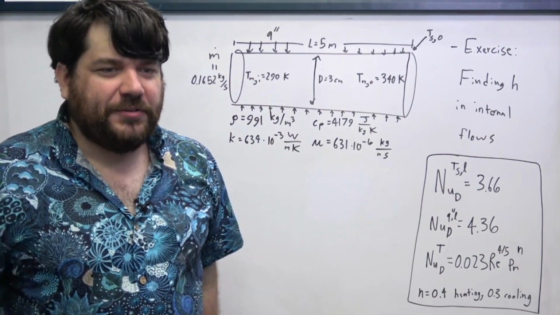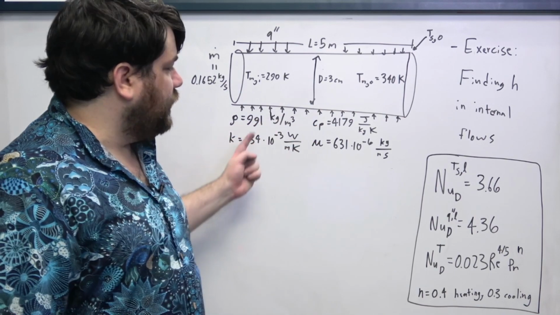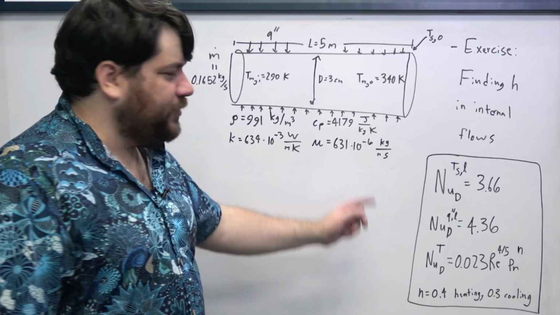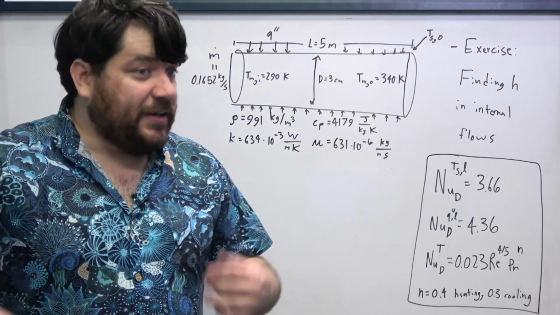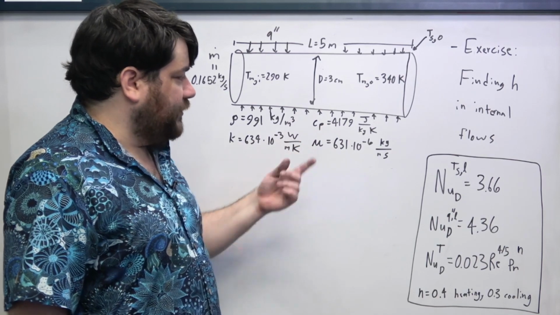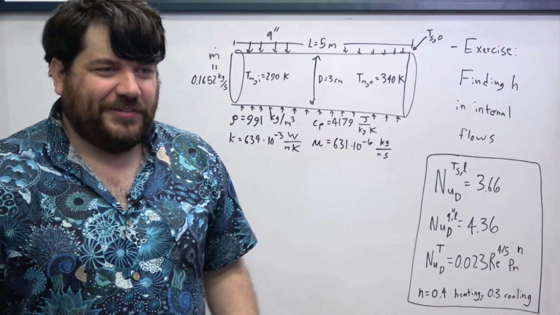So all you would do is go into your textbook, find the properties of water at 315 Kelvin, and write them down just like I did here. In your book, you can either manually calculate it by Cp times mu divided by K, or you could just look it up as well.